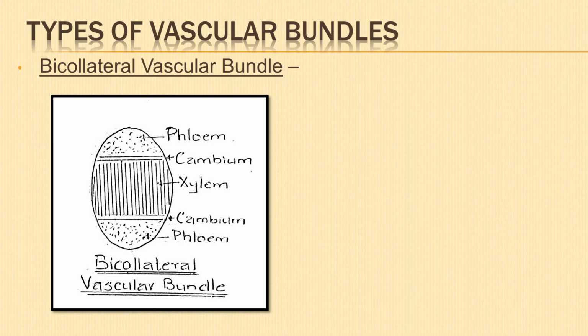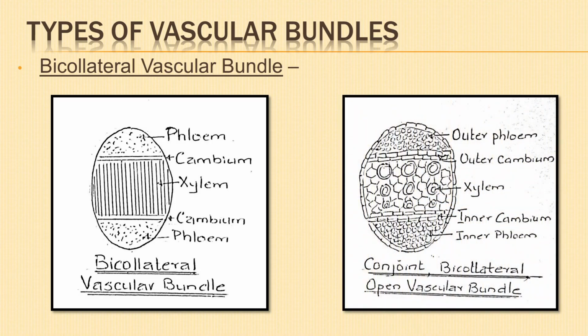Outer cambium is present between the peripheral phloem and xylem, and inner cambium is present between the inner phloem and xylem. The sequence of vascular tissue in bicollateral vascular bundle is outer phloem, outer cambium, xylem, inner cambium and inner phloem as clearly seen in the diagram.